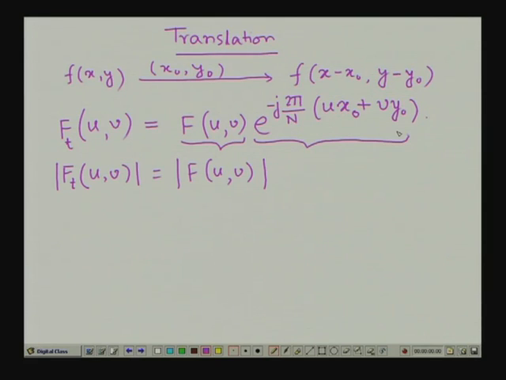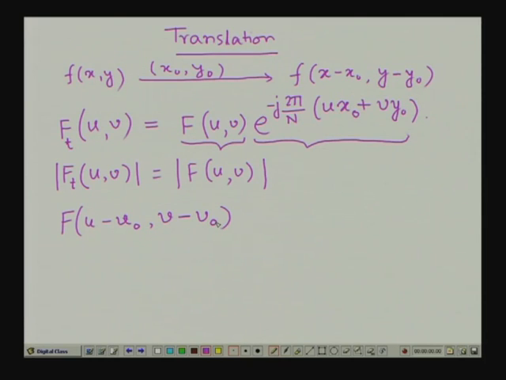And in the same manner, if the Fourier spectrum F(u,v) is translated by u naught, v naught, so instead of taking F(u,v), we take F(u minus u naught, v minus v naught), which obviously is the translated version of F(u,v), where F(u,v) has been translated by vector u naught, v naught in the frequency domain.